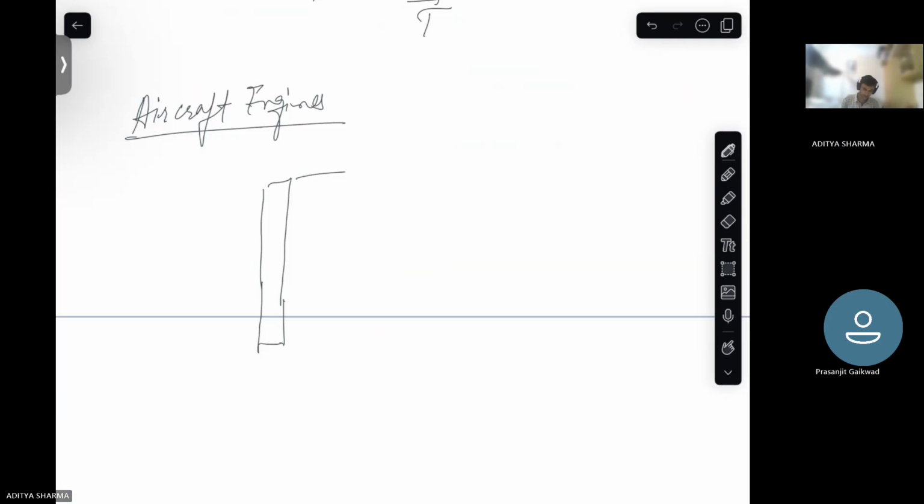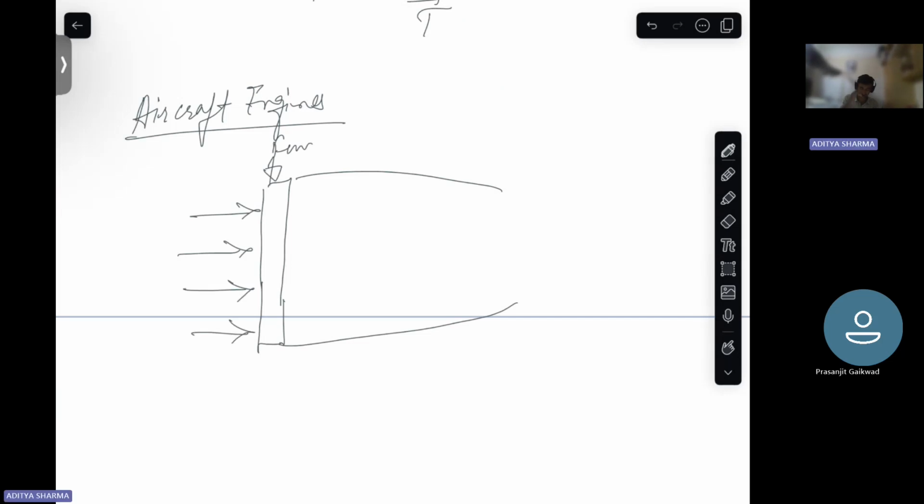So in front you have some fan arrangement for the inlet of your air or working fluid. Then your engine is here. Here you have compressor, then combustion chamber, then turbine, and the nozzle.